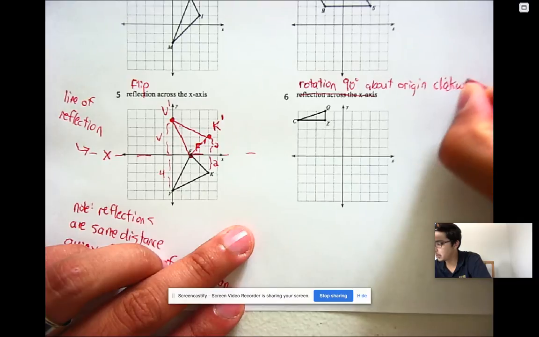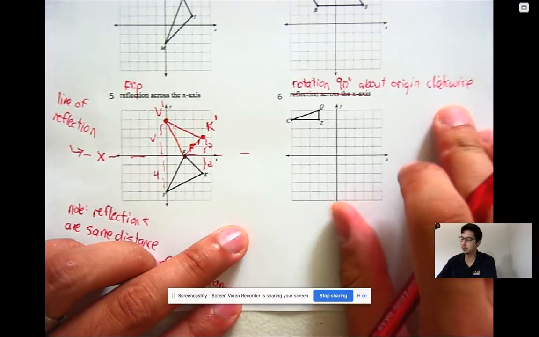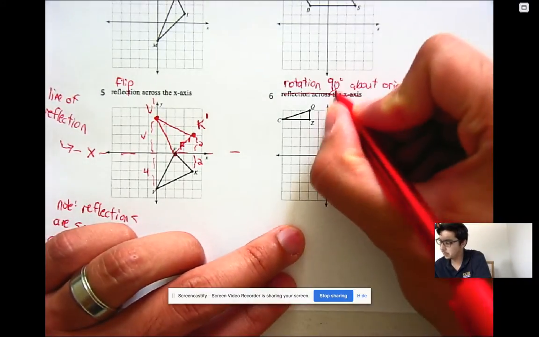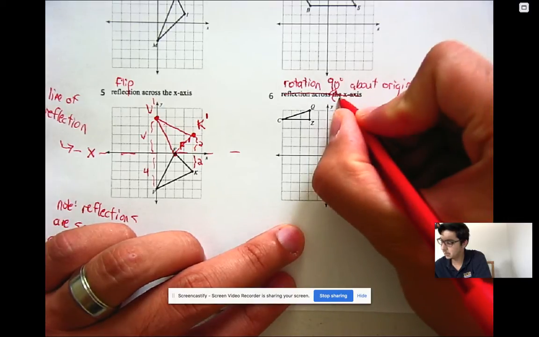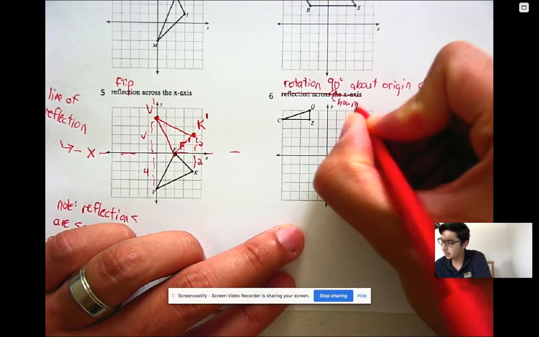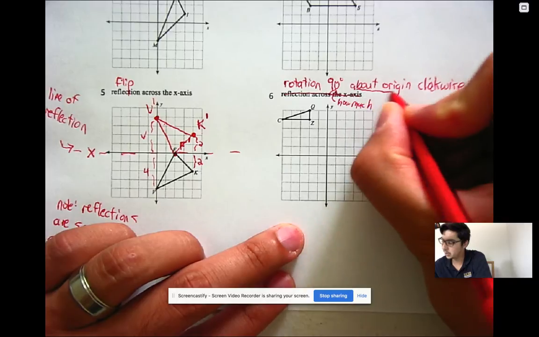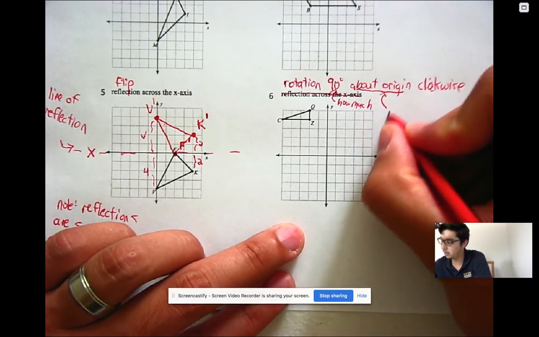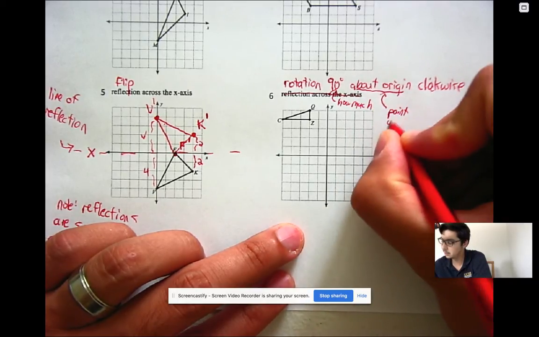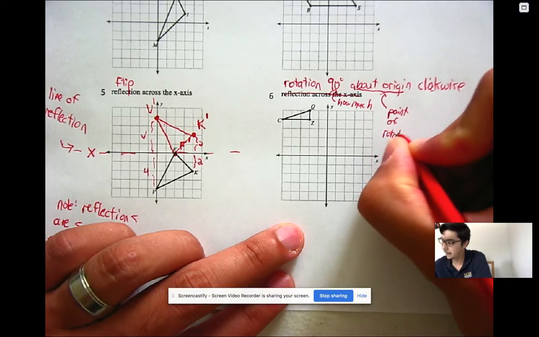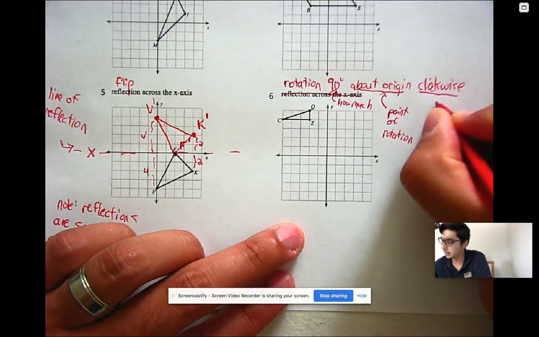So notice with rotations, all the things happening here. It tells us an amount, so it tells us how much to turn. About the origin is what's called the point of rotation, and clockwise is the direction.